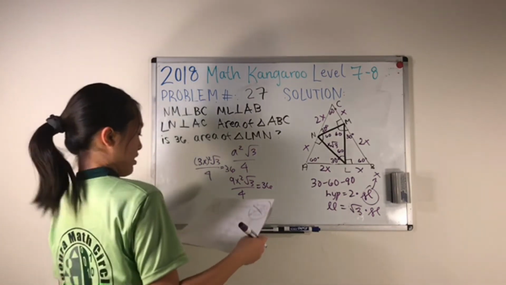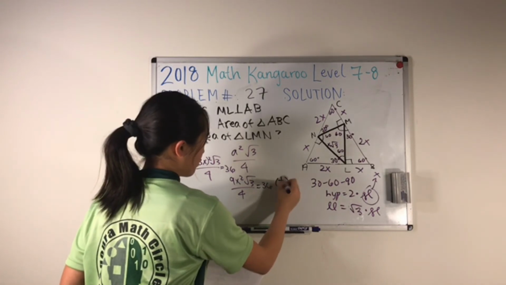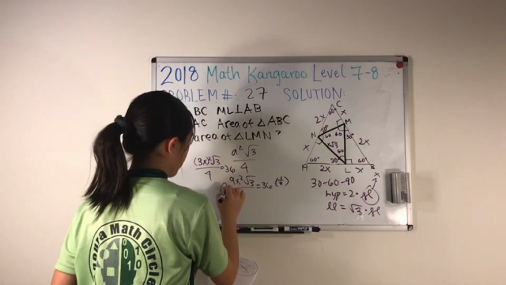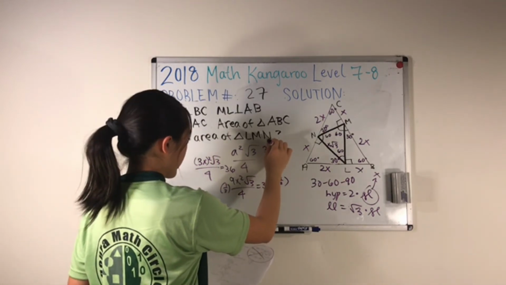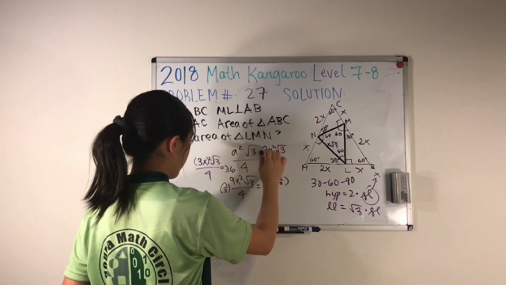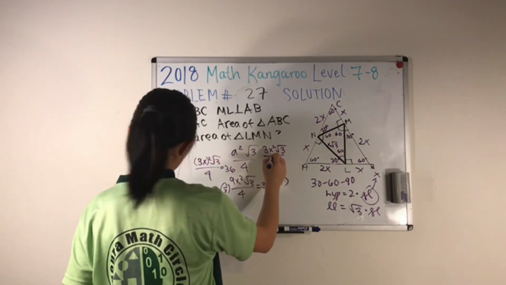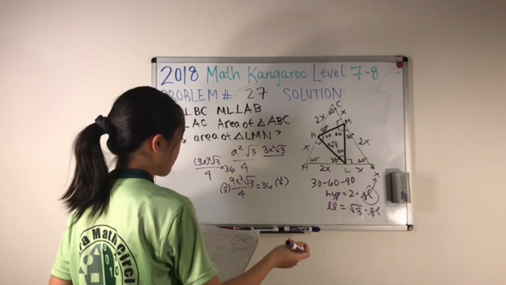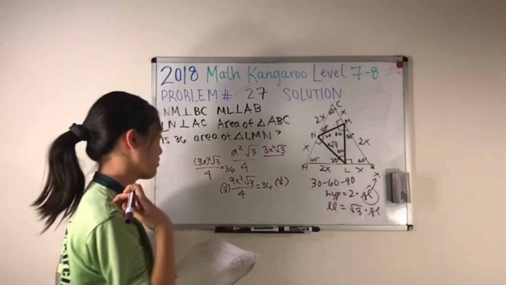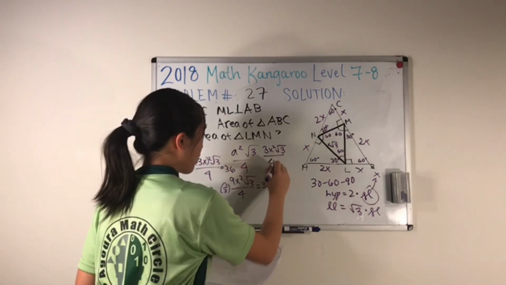Let's divide both sides by 3. So then we have 3x squared rad 3 over 4. Sorry, you divide both sides by 1/3. Okay. So now that we have that, we have this over 4.